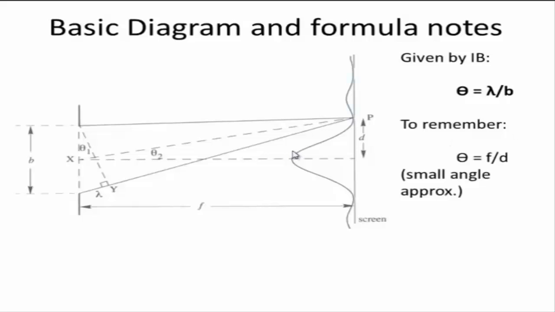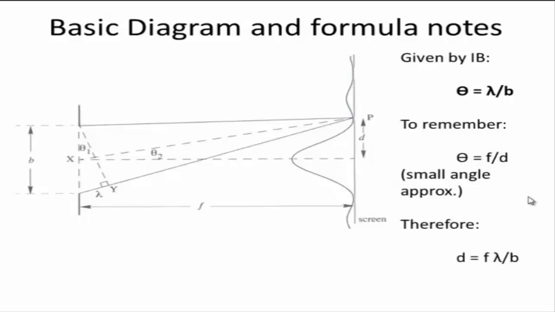Now, angle 2, using the small angle approximation, is equal to f divided by d, where f is the distance between the slit and the screen. Now angle 1 and angle 2, due to small angle approximation, can be considered to be the same value, which is why I haven't got 1 and 2 subscripted on these two features.